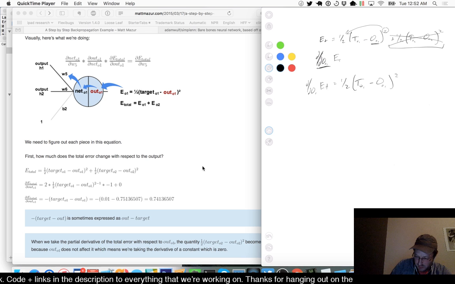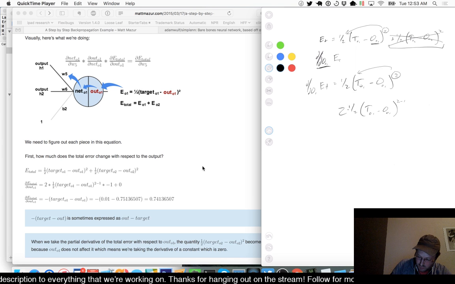So this drops down: 2 times 1/2 (target O1 minus output O1) to the 2 minus 1, which is just 1, right? And this is just 1, right? But he gets a -1.